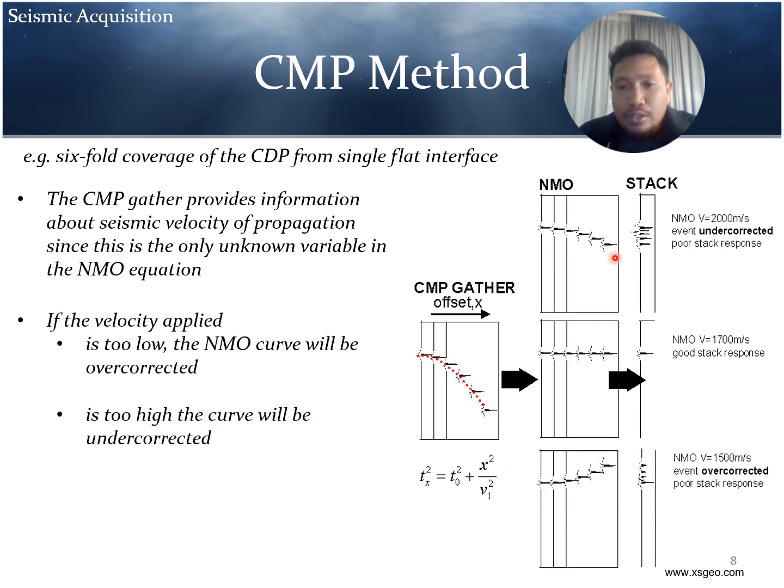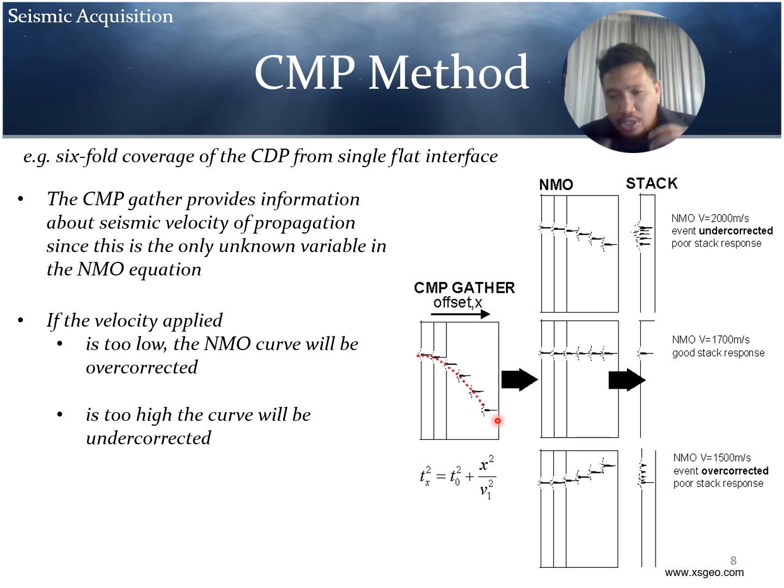Okay, so let's take a look at the overcorrection first. Again, when the NMO correction is done improperly, it will result in overcorrection. Okay, overcorrection like here. It will shift the seismic occurrence in the time domain excessively.